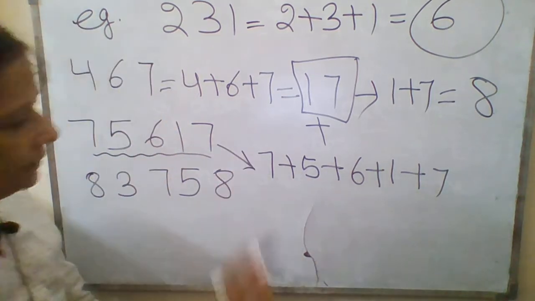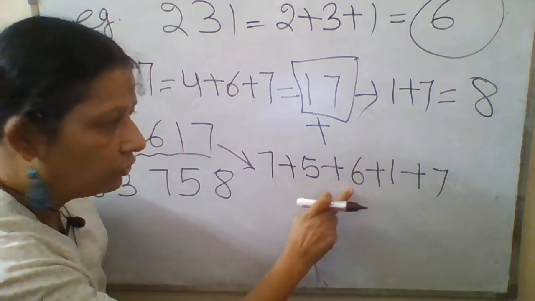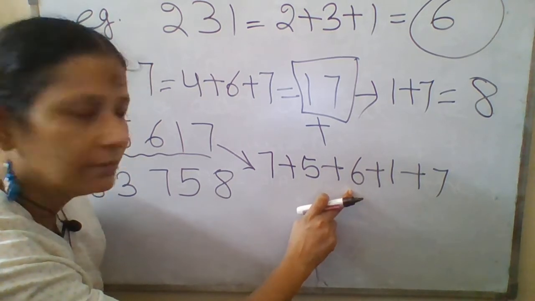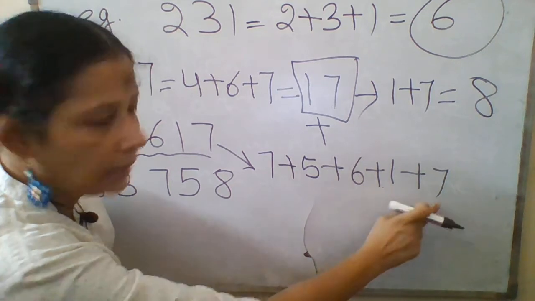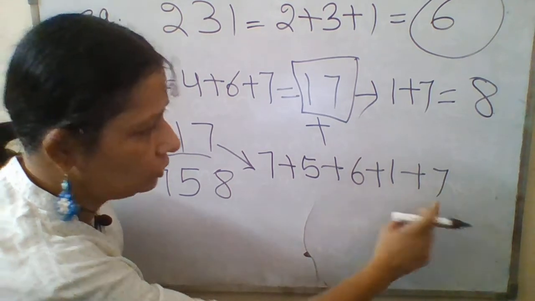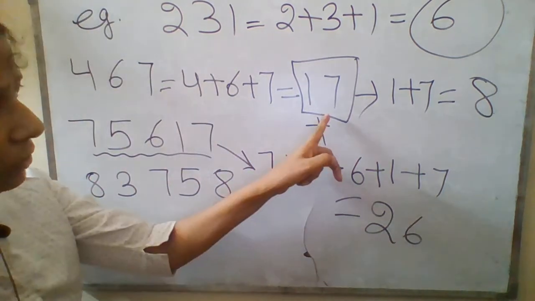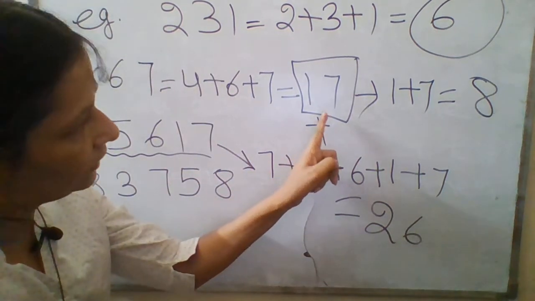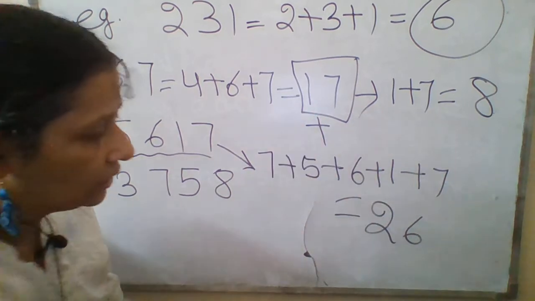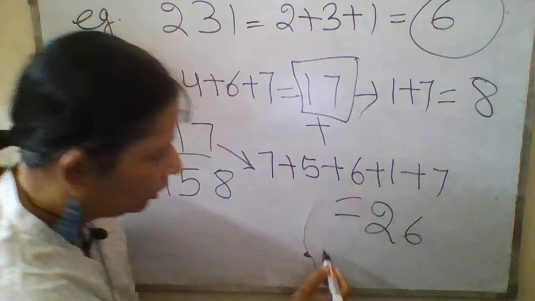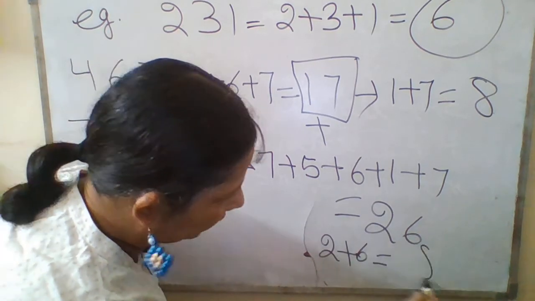Now 7 plus 5 is 12. 12 plus 6 is 18. 18 plus 1 is 19. 19 plus 7 is equal to 26. But here also you have seen this is not a single digit. So I have done the addition of these two digits. Here also I will do the same. I will do 2 plus 6, which is again 8.